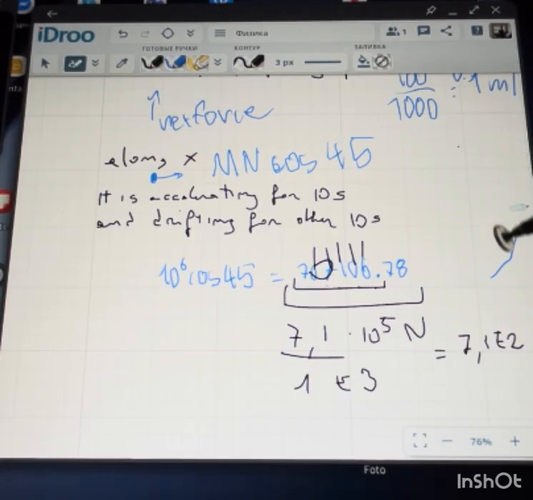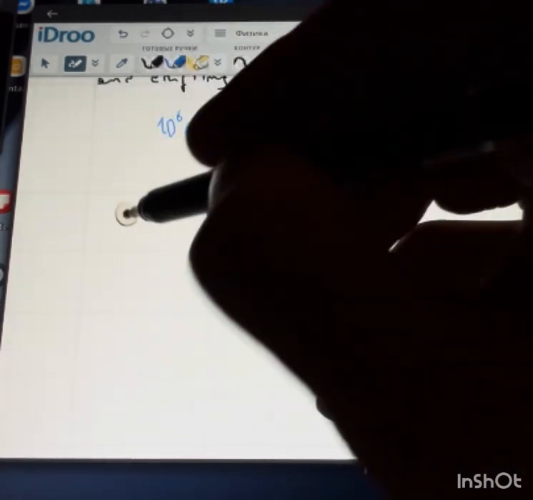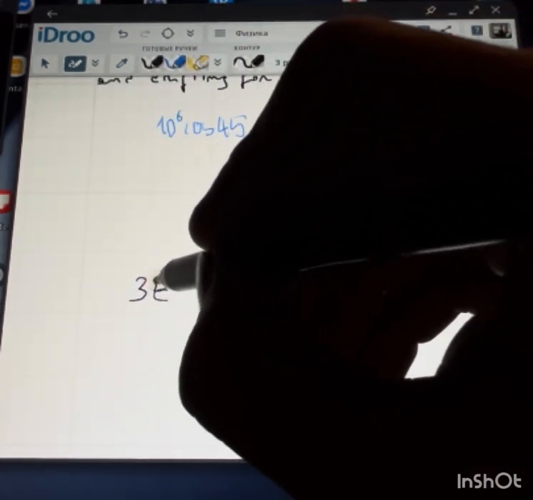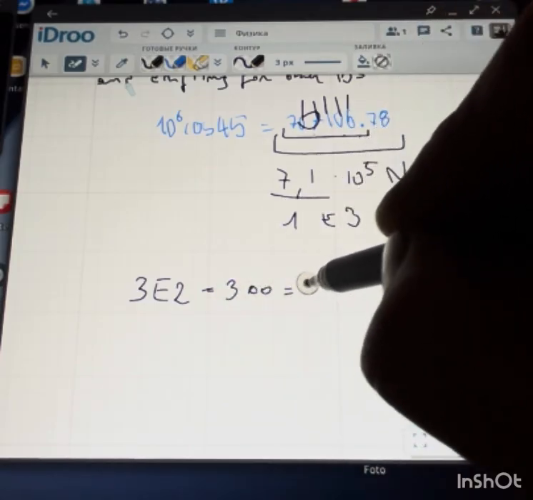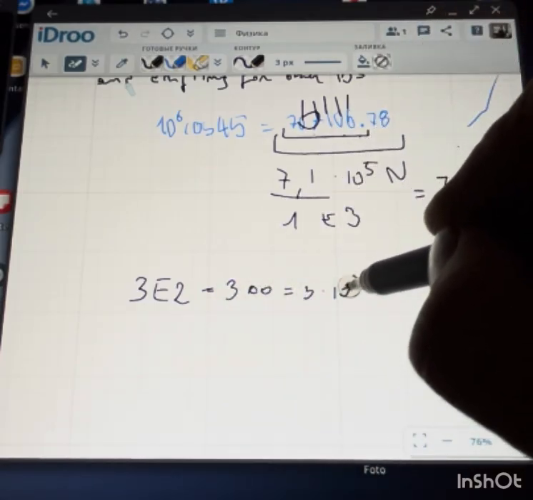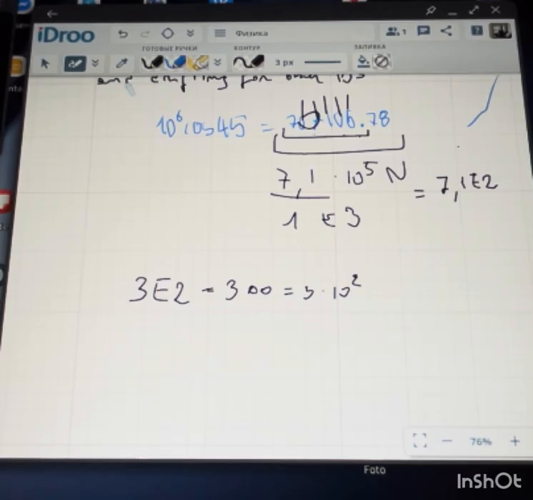So 3E2 means 300, which means 3 times 10 to the second power. And E3 is 1,000. And E6 is 1 million, 2 E6 is 2 million, and so on. Okay, I understand.